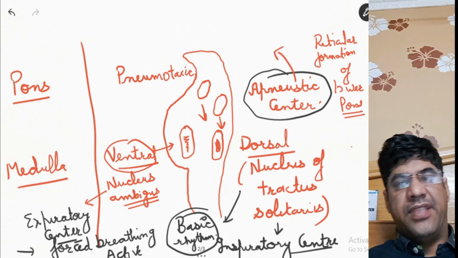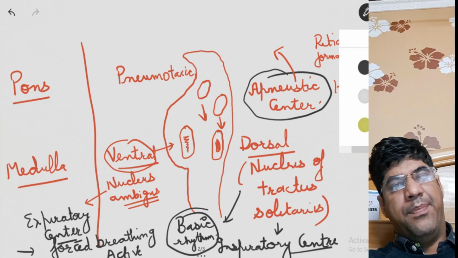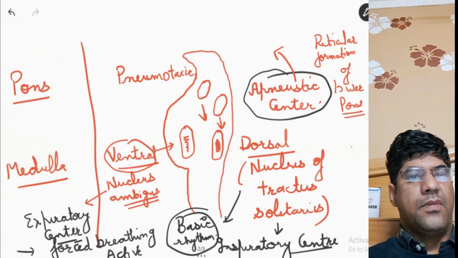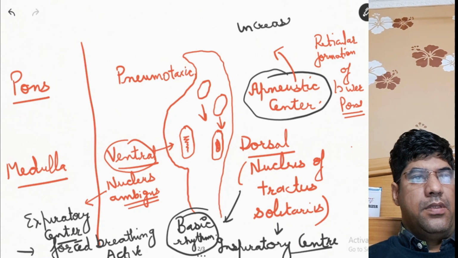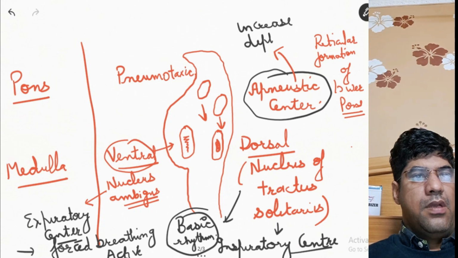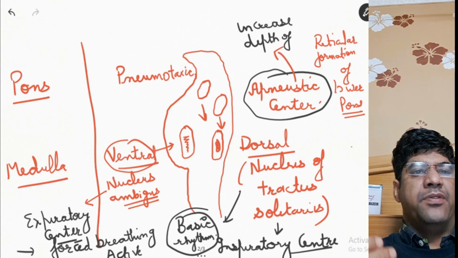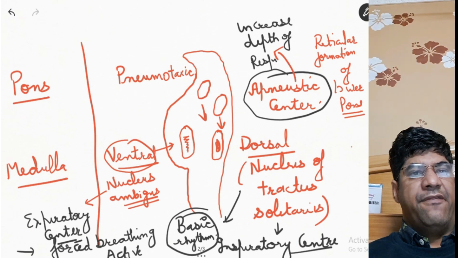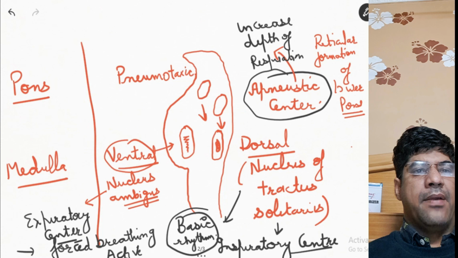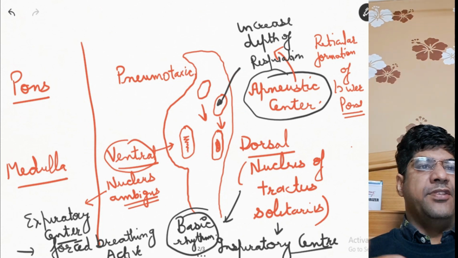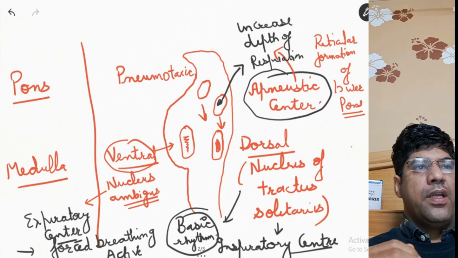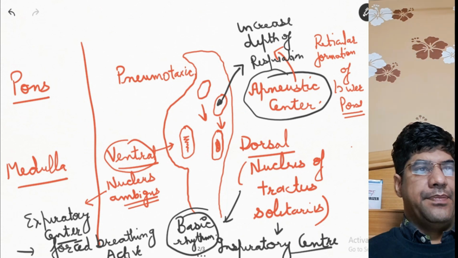So the apneustic center increases the depth of inspiration. What is apneusis? Apneusis is an abnormal pattern of respiration characterized by prolonged inspiration and short, inefficient expiration.